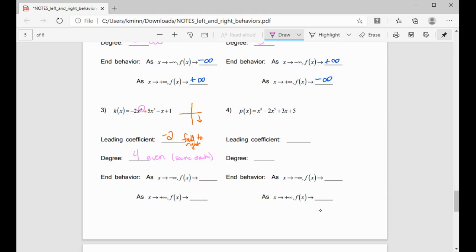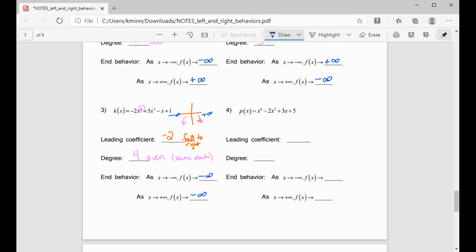So if it's even, if it's going down on the right, it needs to go down on the left. Even functions have the same behavior on both sides. So finally, as x goes to negative infinity on the left, our function is also going down to negative infinity. As x approaches positive infinity on the right, our function is going down to negative infinity, so down on both sides.